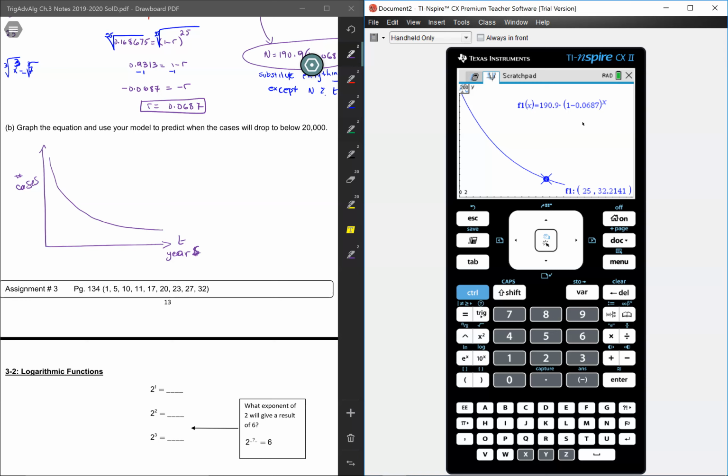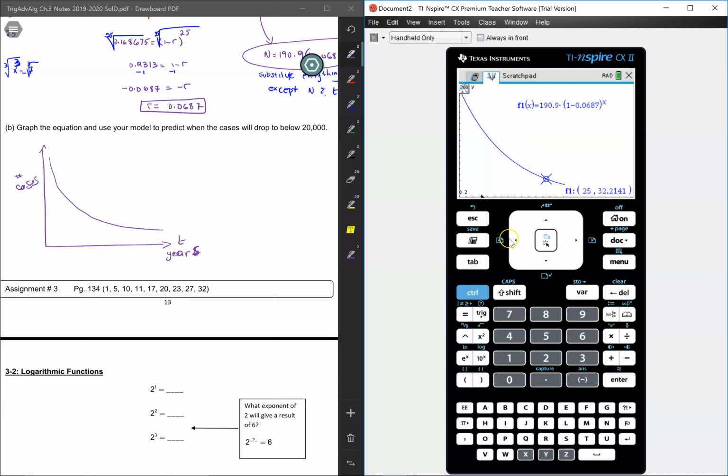So, look, when you trace here, this is the number of years. This is the number of cases. You want to see where it dropped below 20,000. These are in 20s. These are in thousands. So this one here is 32,000. So you want to traverse the curve.